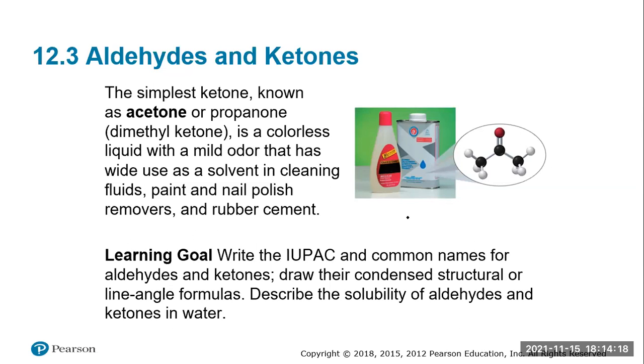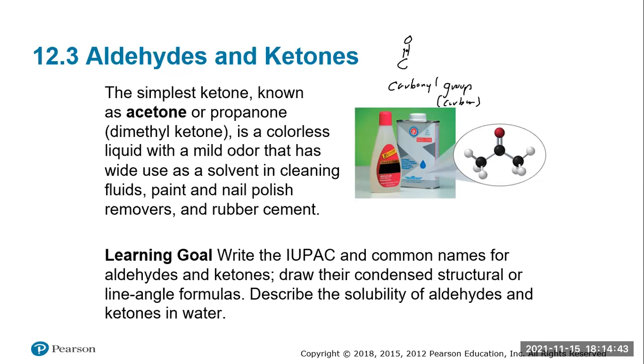They contain basically a carbon-oxygen double bond as the main part of their functional group. So this group right here, the carbon-oxygen double bond, is sometimes referred to as a carbonyl group or a carbonyl carbon.